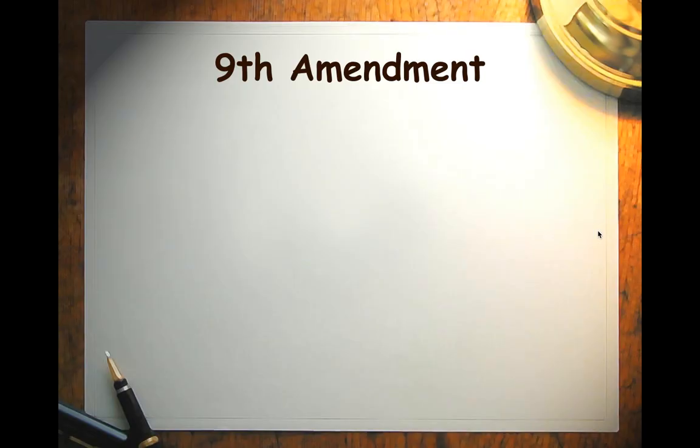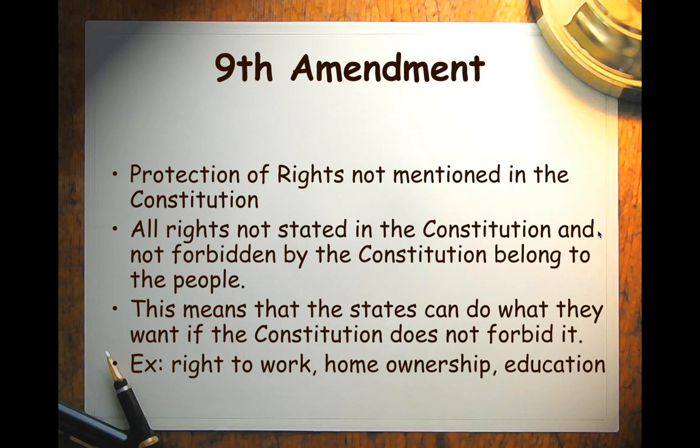All right. So the last two amendments to the Constitution that nobody ever talks about, last two amendments in the Bill of Rights, the Ninth and the 10th Amendment, are the two amendments that protect federalism. So we've got a lot of enumerated rights in the Bill of Rights, a lot of enumerated rights 1 through 8. And in the Ninth Amendment, what we're saying is any right that's not explicitly stated in the Constitution or forbidden by the Constitution belongs to the people.